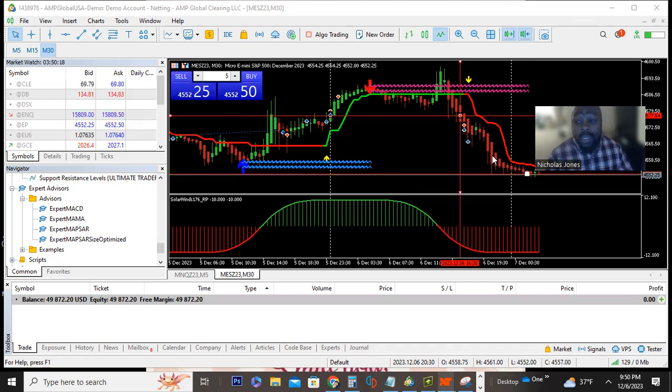All we're doing is trading from support to resistance, from resistance to support. That's it. It's not rocket science or nothing like that, right? So let's look at the market right now, right?